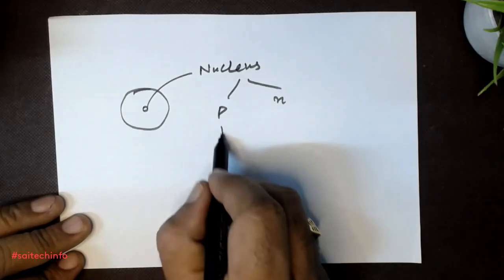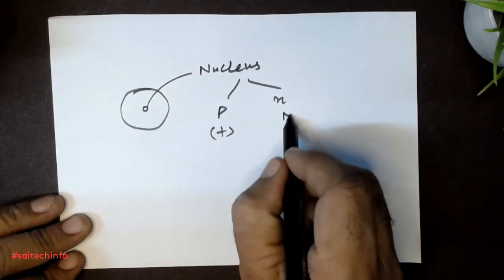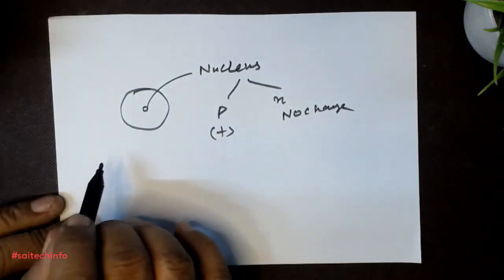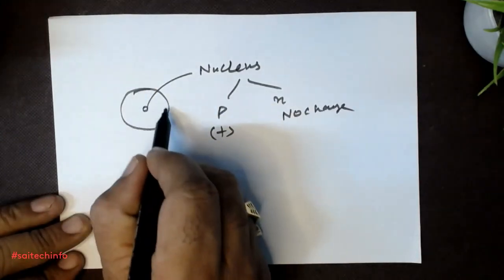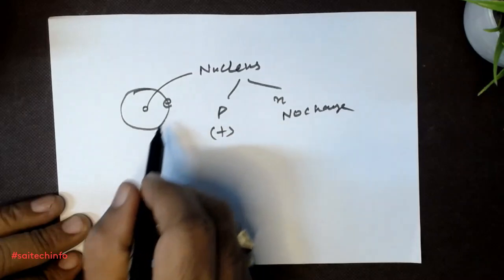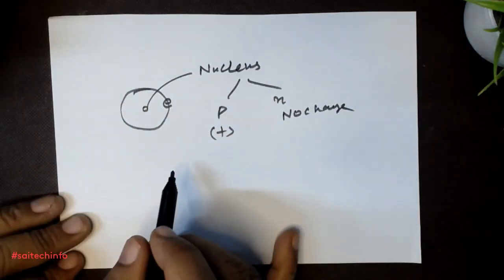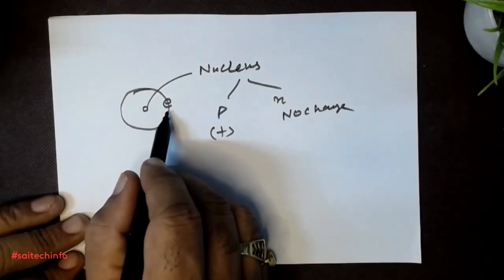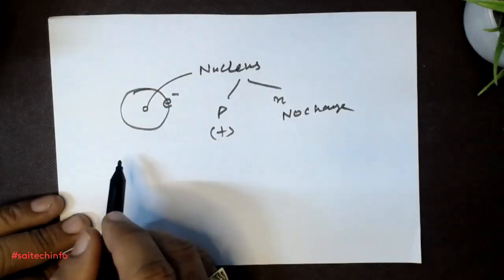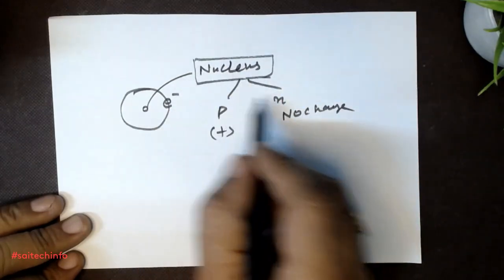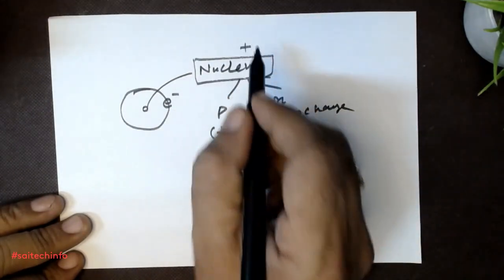Proton is positively charged, neutron no charge, neutral. But what about the outer space where electrons are revolving around the nucleus in an elliptical manner? The electrons are negatively charged. So the nucleus as such has positive charge.